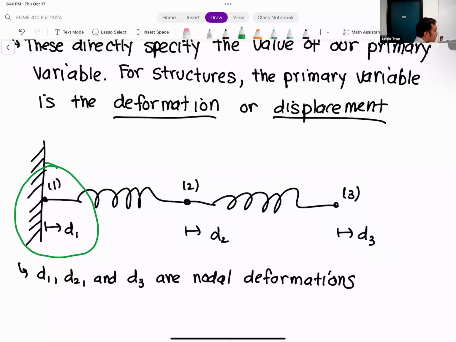Node 1 here is attached directly to a fixed wall. In other words, node 1 is being anchored to something that's relatively fixed. So that tells us that the value of D1 is probably going to be fixed at 0.